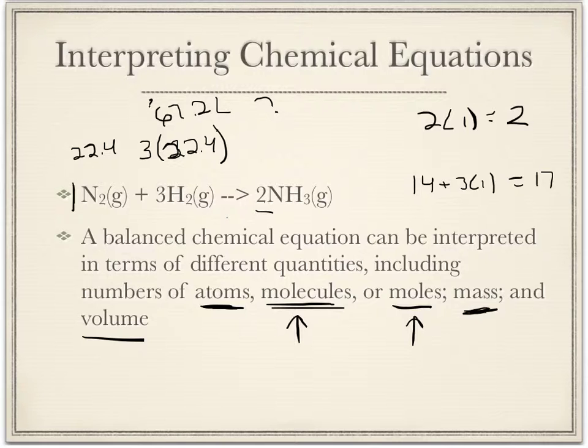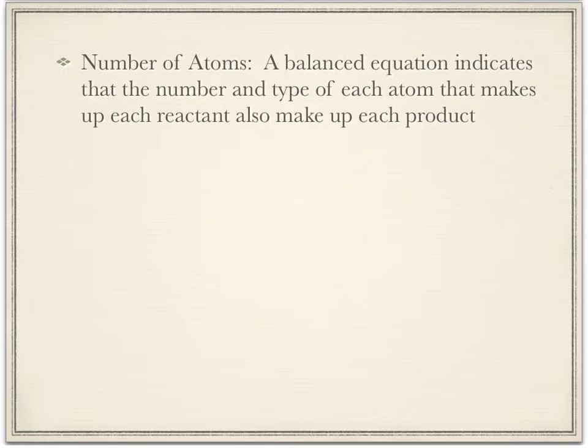And here I've got 2 moles, 2 times 22.4, 44.8 liters. So notice that this one isn't equal either, there's not equal on the left or the right. So moles aren't equal on both sides, and neither is volume.